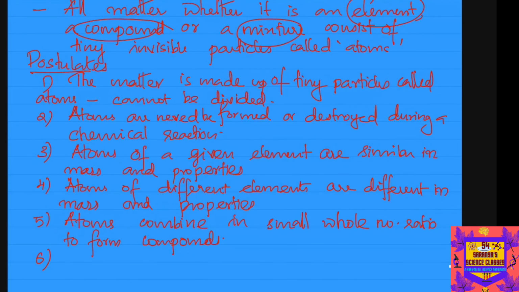In a given compound, how many atoms there are and which types of atoms, the kind and the relative number of atoms, will remain constant. So a compound contains a constant number and kinds of atoms. These were the major postulates of Dalton's atomic theory.